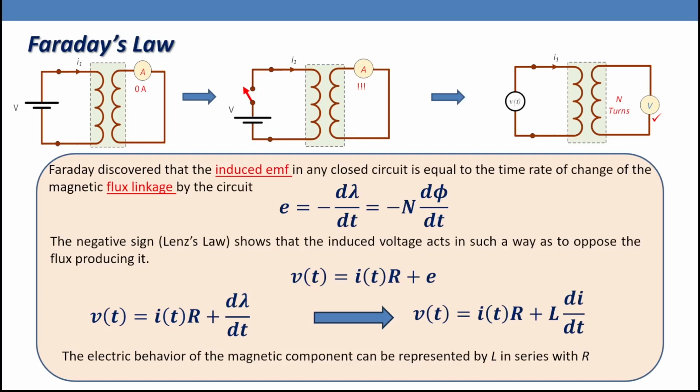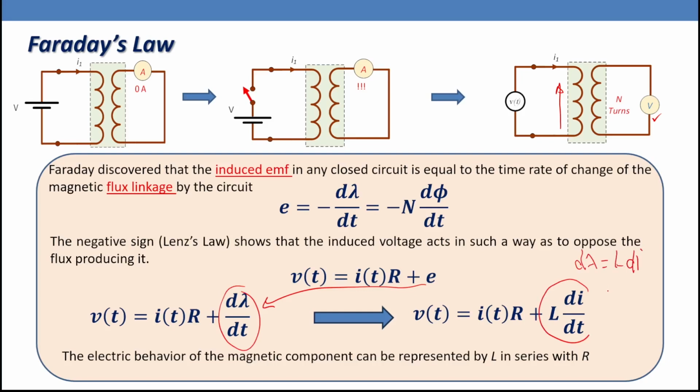We can write the equation using Kirchhoff's voltage law: V of t equals I of t multiplied by R plus E, which is the induced voltage here, equal to N d phi by dt or d lambda by dt. So the equation will be V of t equals I of t R plus d lambda by dt. But that one is a coil, so we can write it as V of t equals I of t R plus L di by dt. If we equate this part with this part, this means d lambda equals L di.